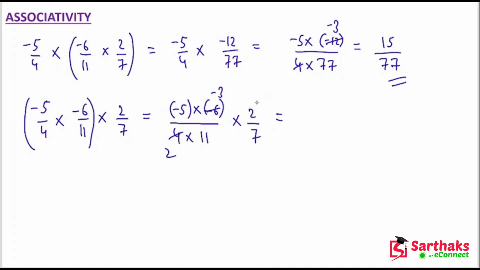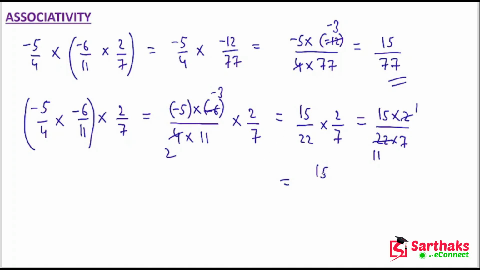Okay, we will have 5 into 3, that is 15, whole upon 2 into 11 equals 22. Again it is multiplied by 2 by 7. So we will have 15 into 2 whole upon 22 into 7, right? You can divide it by 2 and you will get the answer as 15 upon 77.